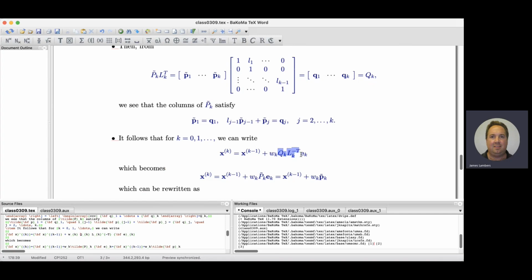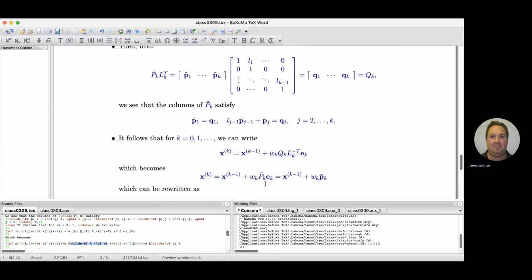So that's all I've done. I've replaced this with P_k tilde down here. But multiplying P_k tilde by e_k, all that does is just take the kth column of P_k tilde, which is little p_k tilde right here.